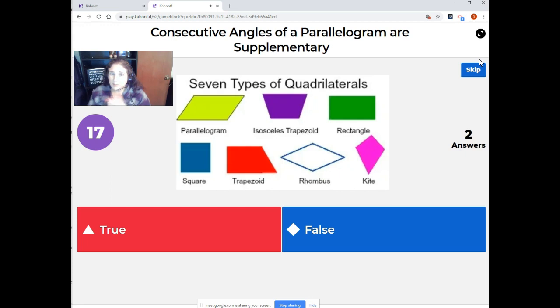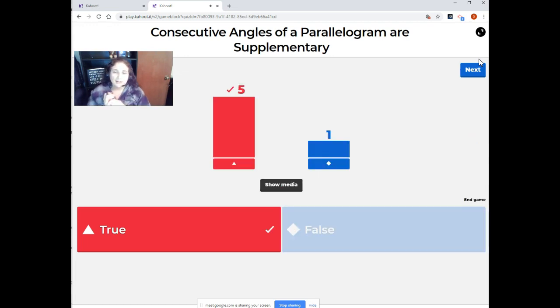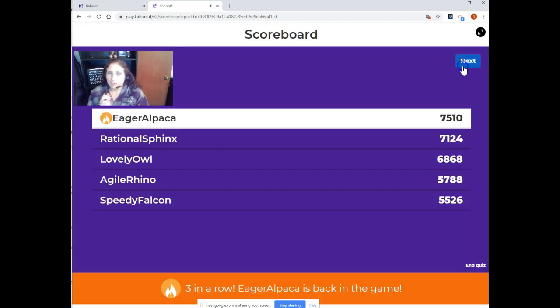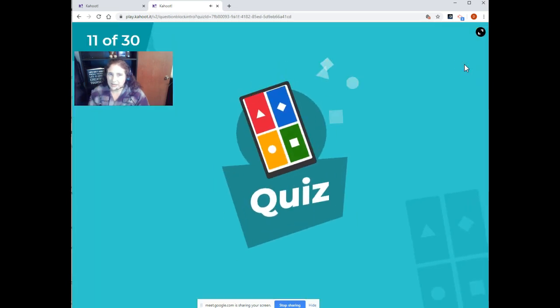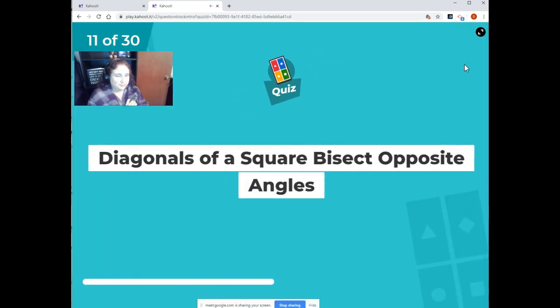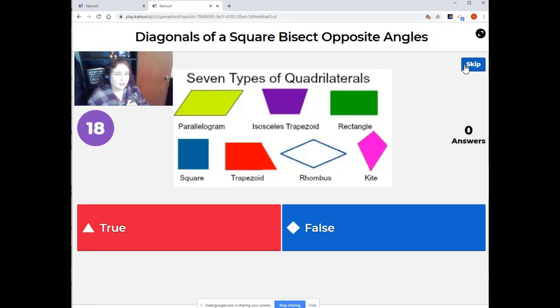Consecutive angles of parallelograms are supplementary. Holy moly, I told you there's something like this first or second question. Consecutive angles, the same side angles of a parallelogram, are supplementary. Correct. Those are true. Opposite angles are congruent. Same side are supplementary. Diagonals of a square bisect opposite angles.